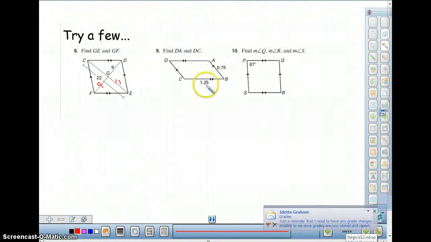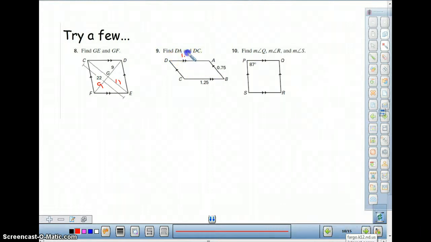Okay, opposites are going to be congruent. So DA is going to give us 1.25. Okay, AB is 0.75, therefore opposite it is DC is also going to give us 0.75. Okay, opposite of P is R, gives us 87 degrees.